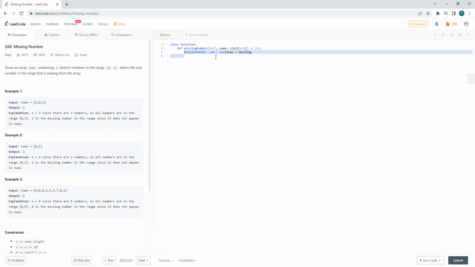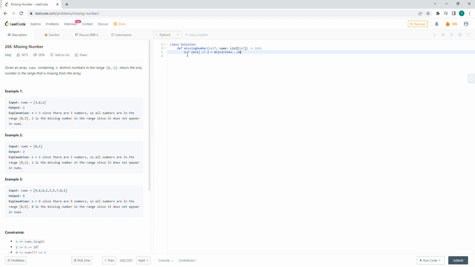And this sum series is actually known as Gauss's formula. The equation for that is n times n plus 1 divided by 2, where n is the length of the input nums. And this is the formula that's equal to 0 plus 1 plus 2 plus 3 plus 4 plus all the way up to n.